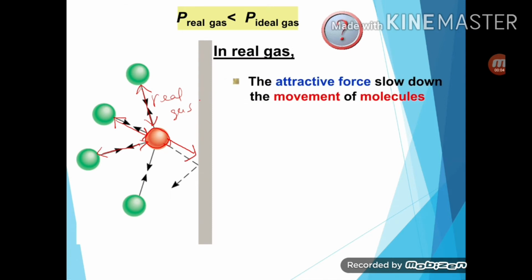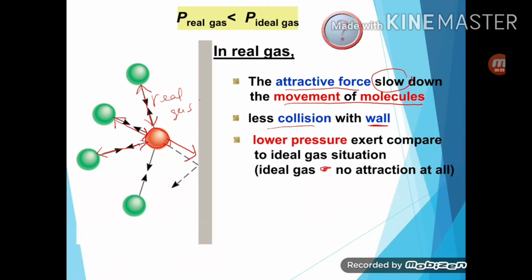So, in real gas, the attractive force that exists between the molecules will slow down the movement of molecules, and cause fewer collisions between molecules and the wall of the container. When the collisions are reduced, the pressure exerted by real gas is lower than ideal gas, because in the ideal gas, there is no attraction at all, which means the intermolecular force between the gas molecules is negligible.